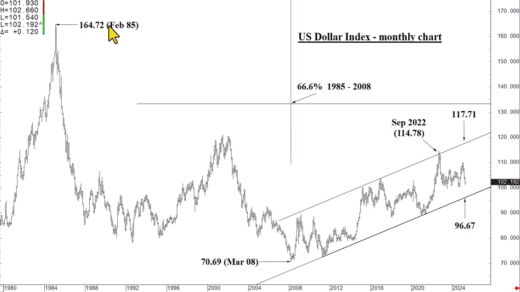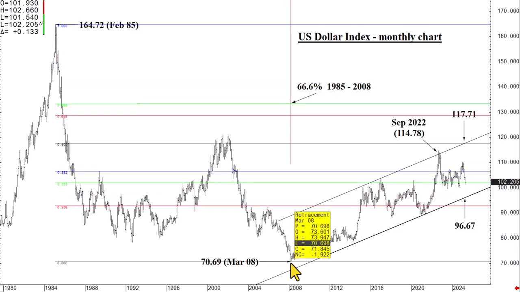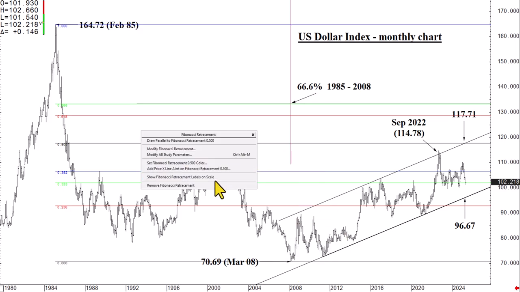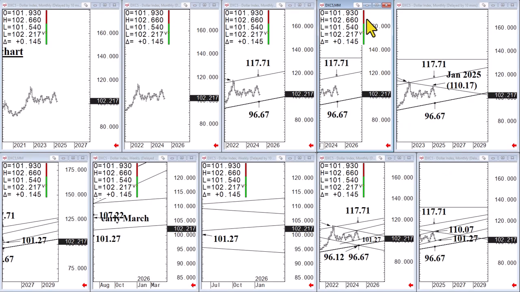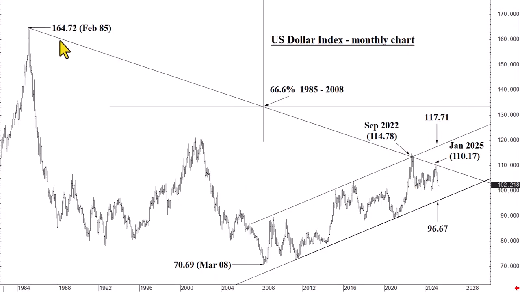So if you take a look at this 164.72 high and the 70.69 low, two-thirds of the way back up, I can actually grab that right now and show you that two-thirds of the way back up is 133.317. So if you draw a trend line from 164.72 to 133.317 in the time frame in which the low is made, and I'll get to that on the next chart, you have yourself a two-thirds speed line.